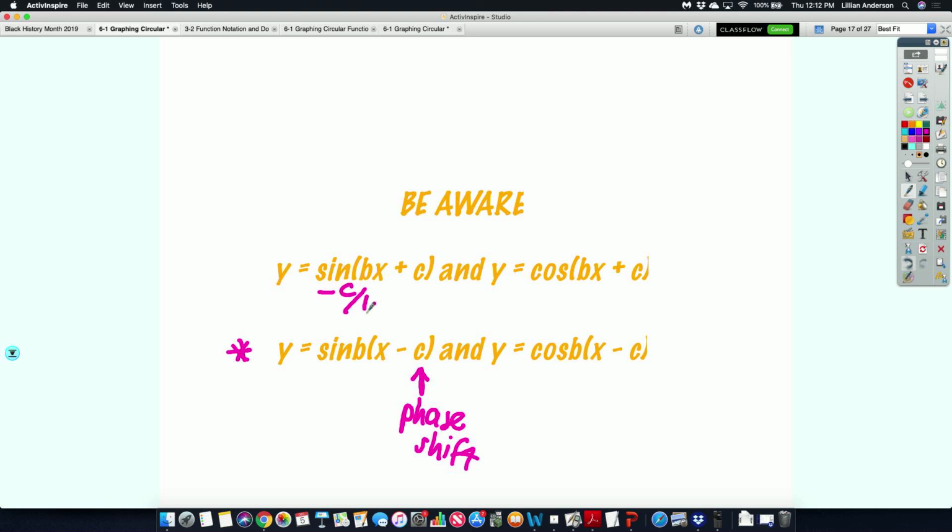Okay? So when you get an equation and you're getting ready to graph, just be aware of that. If the b is already factored out, and you'll know because there's a number on the outside of the parentheses, then the number inside is your phase shift.